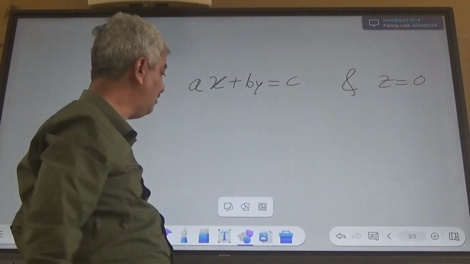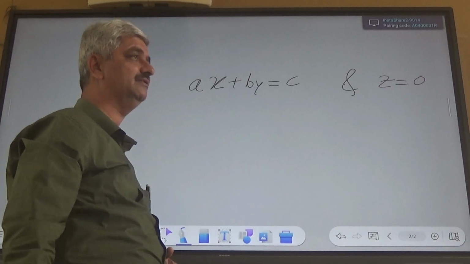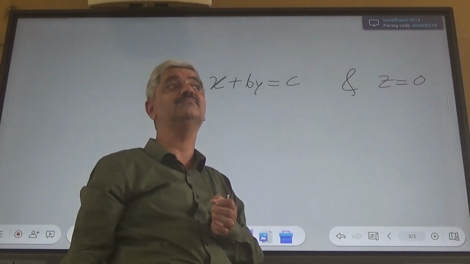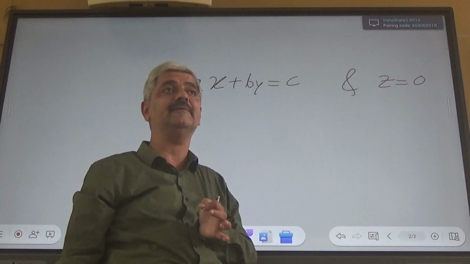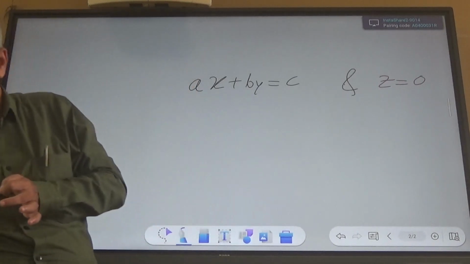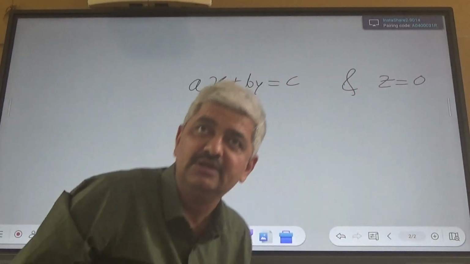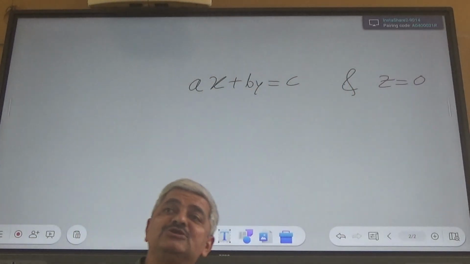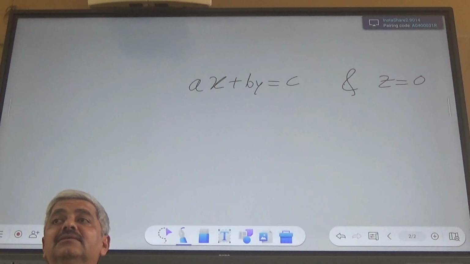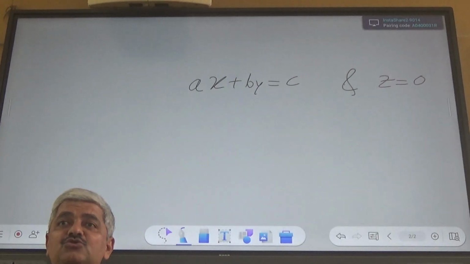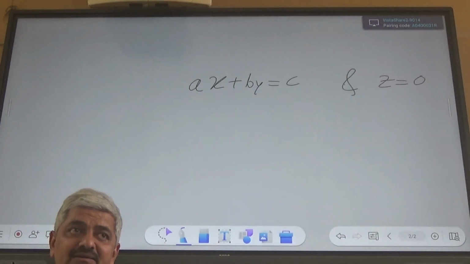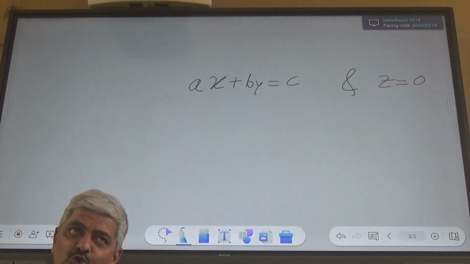Okay. Now there is one equation. So here I am in 2D, number of variables 2, number of equations 1. So how many solutions are there? What do we mean by solution?